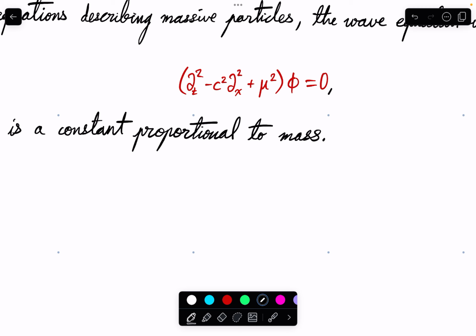It's not exactly equal to mass, and the importance of that is not going to be covered in this video, but it's proportional to mass, so it does describe mass.